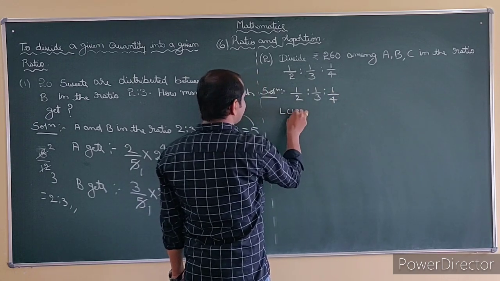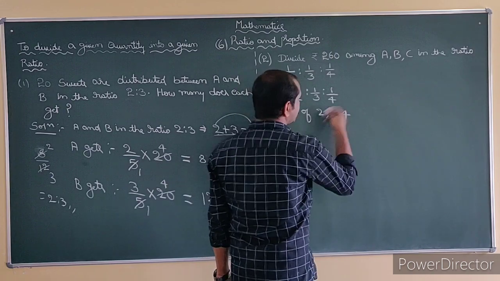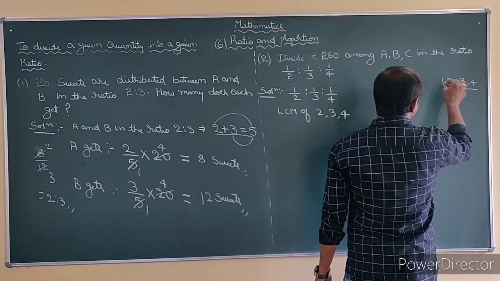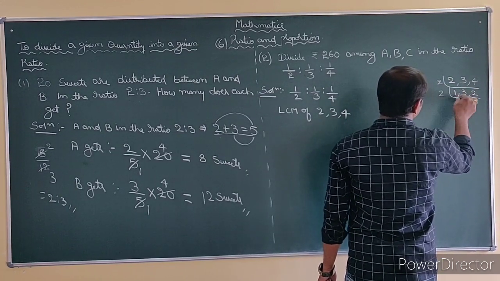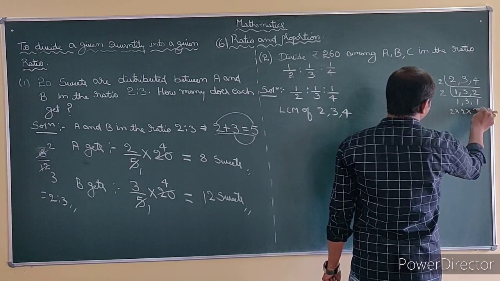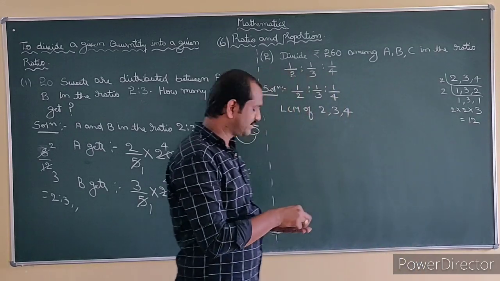So LCM of 2, 3, 4. What is the LCM of 2, 3, 4? So 2 ones are 2, 2 twos are 4. So we have 2 into 2 into 3. 2 twos are 4, 4 threes are 12. What is the LCM? LCM is 12.